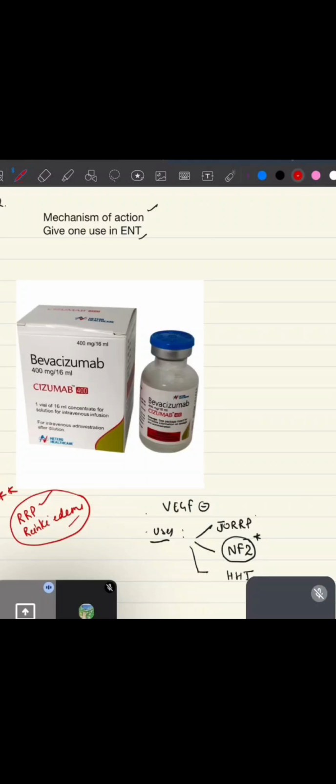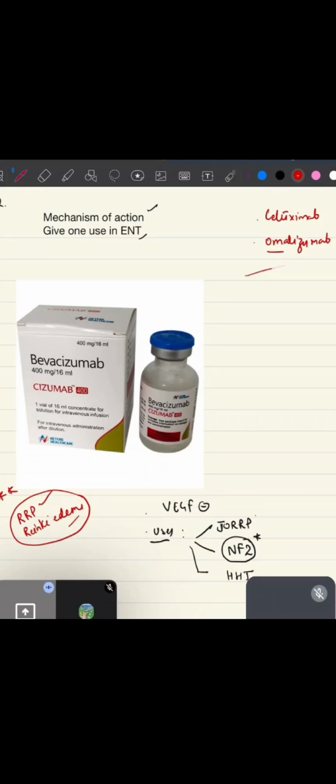All three are important. Please remember how to go about it. I'm just mentioning it here only. Bevacizumab has a few cousins that you have to remember. You should not forget cetuximab. You should not forget omalizumab. Sounds simple, but it is important and can be asked.